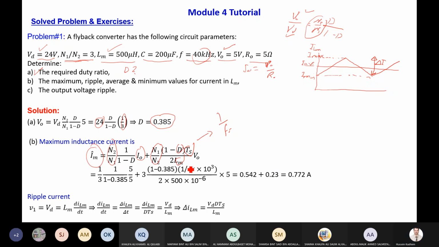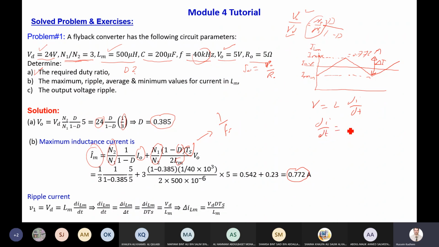So I substituted everything here, did the calculation, and got the maximum current, which is equal to 0.772 amp.